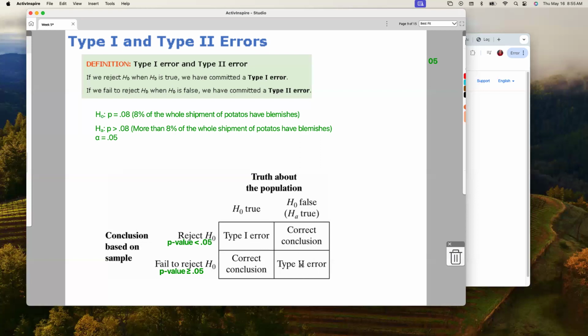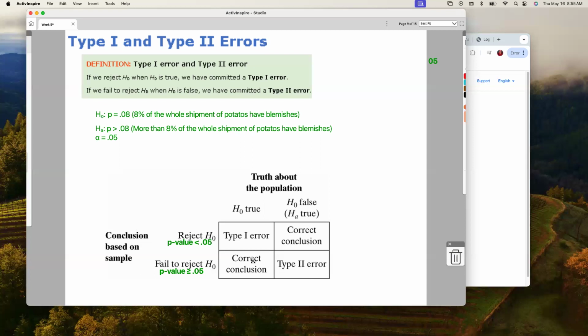So we can see that summarized down here. The decisions we want to make are, first of all, rejecting the null when in fact it's false. That's a correct decision. And also, if the null is true, we fail to reject it. These are the things we're focusing on here.